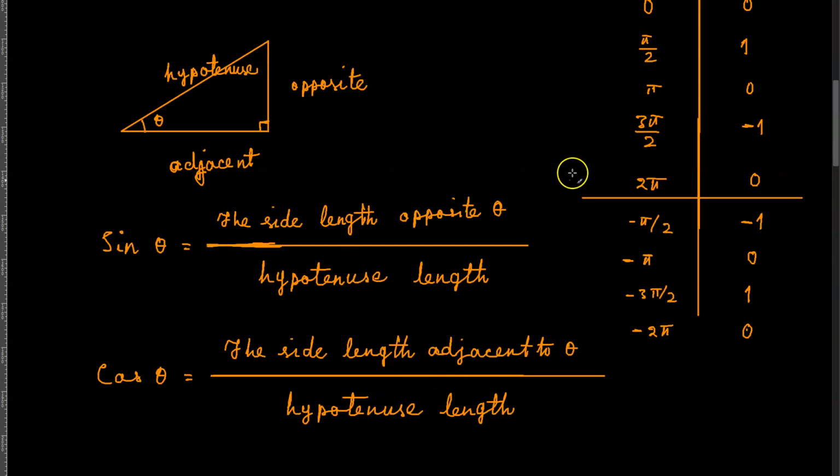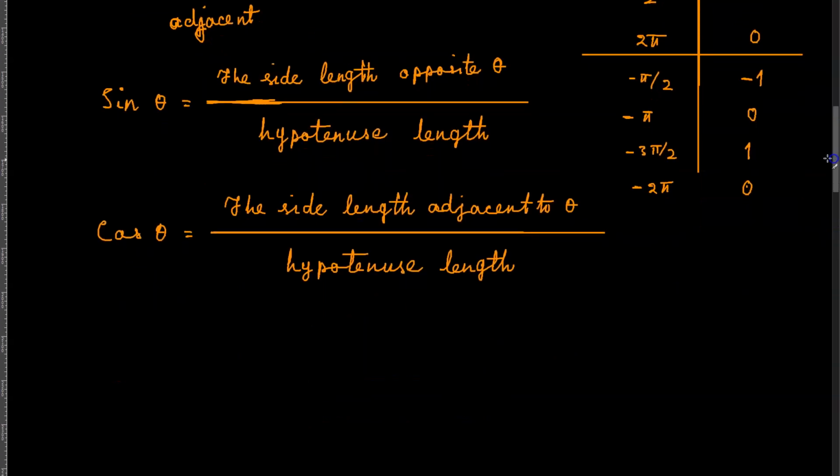And then of course you have, as we discussed before, another trigonometric ratio, for example, the cosecant of theta. Cosecant of theta is by definition the reciprocal of sine, which means 1 divided by sine theta.